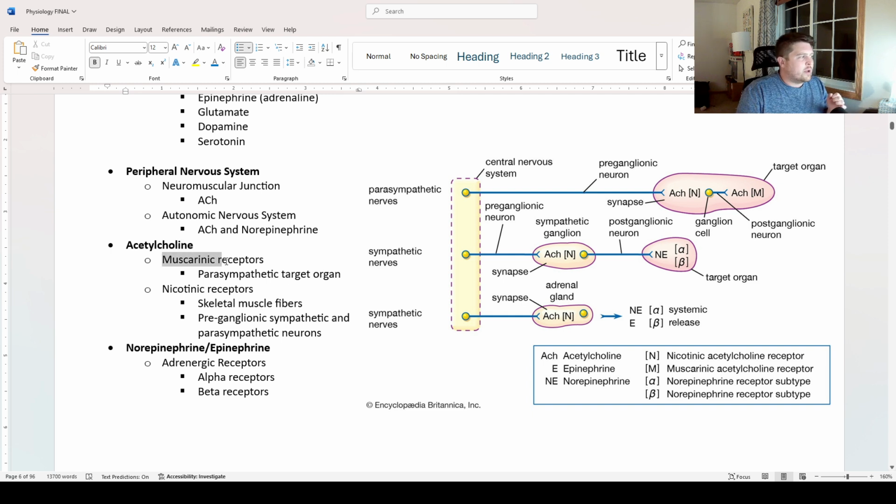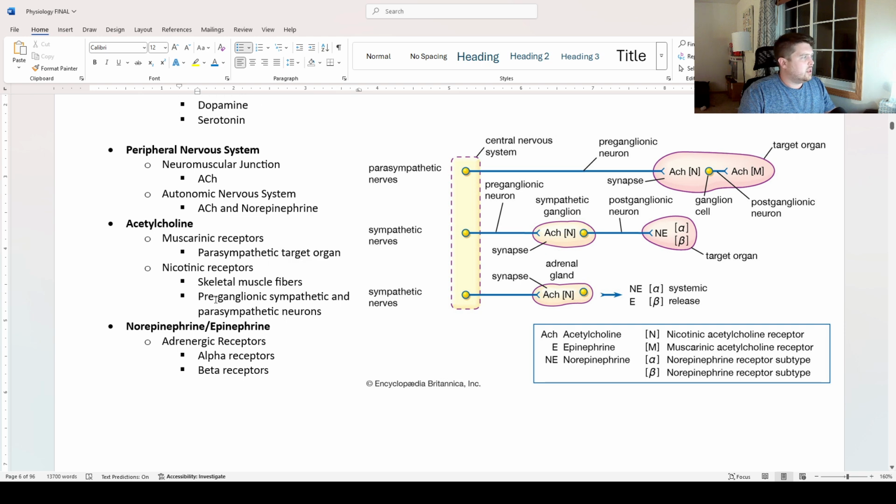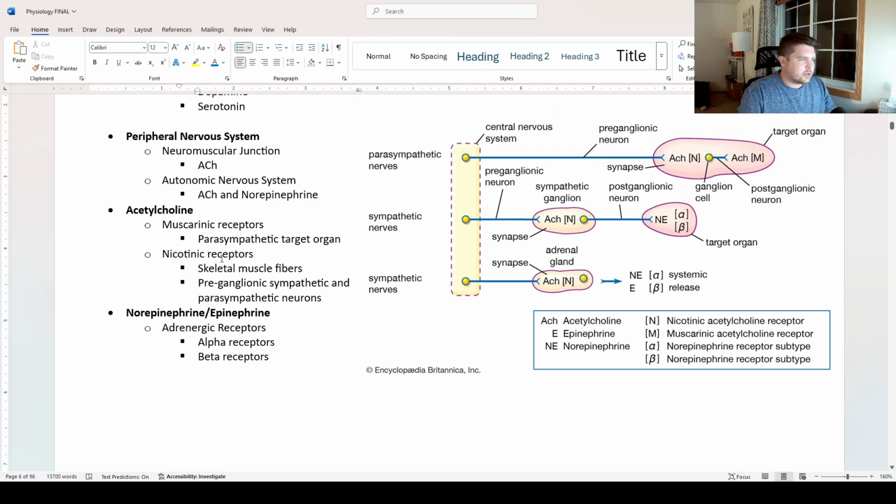So a muscarinic receptor is a receptor that accepts acetylcholine, and it is part of the parasympathetic target organs. Nicotinic receptors are also acetylcholine receptors, but they are for skeletal muscle fibers and preganglionic sympathetic and parasympathetic neurons.